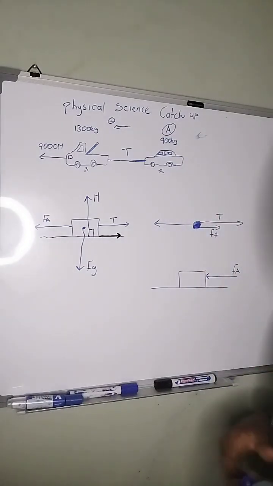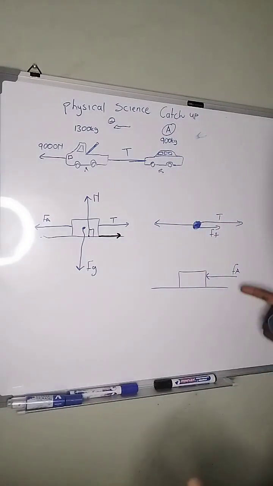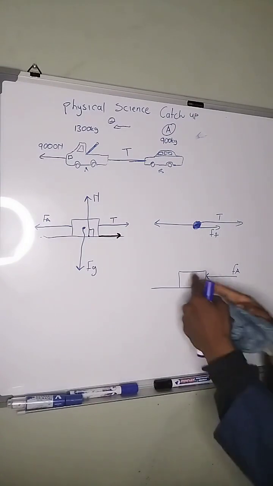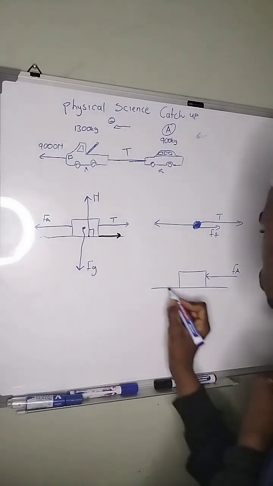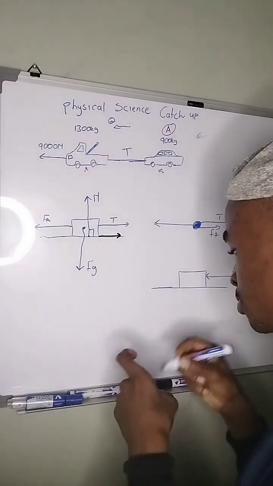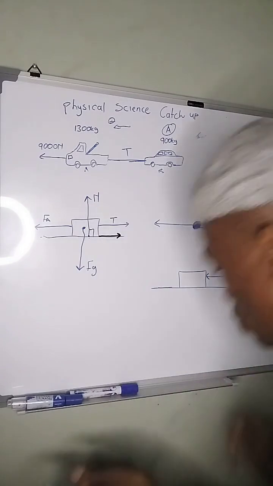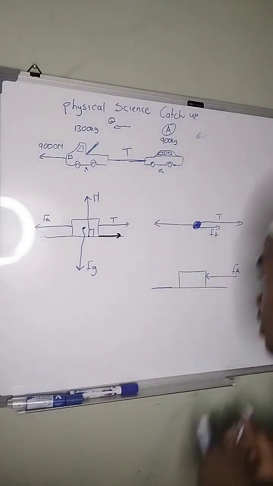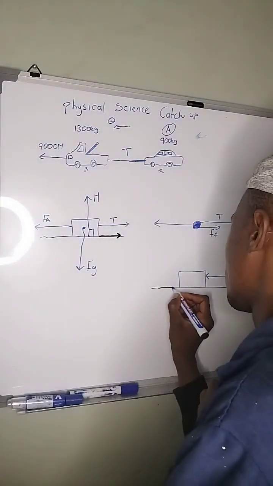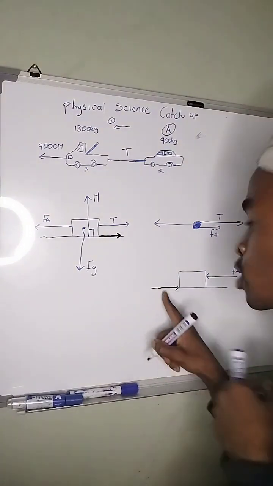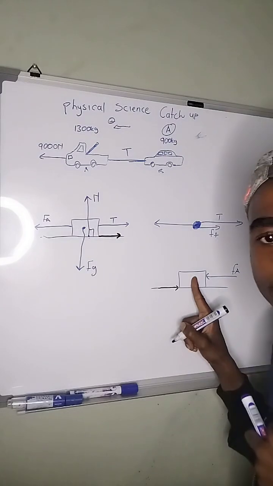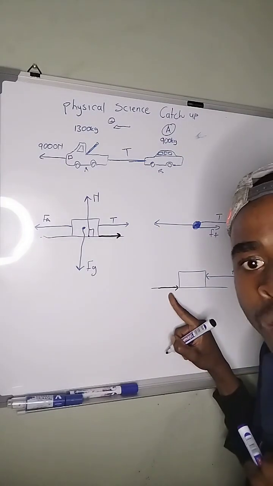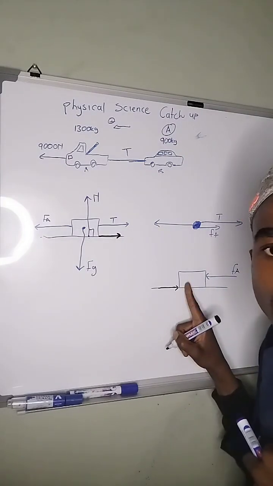If I'm pushing this and it's not moving, the friction that you are going to draw here, what kind of friction are we going to have here if this object is not moving? Can I get an answer?